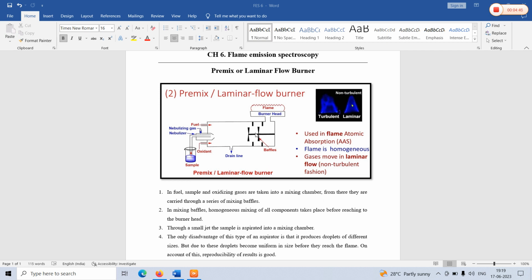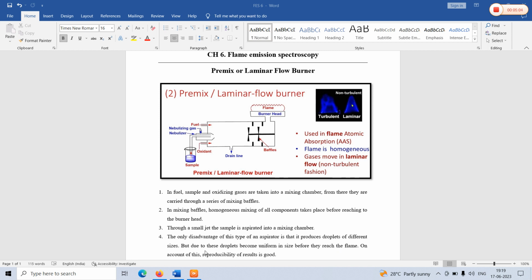Because of these mixing baffles there is homogeneous mixing of the droplets, so that uniform gas molecules are formed, and these are then carried towards the burner head and finally towards the flame.